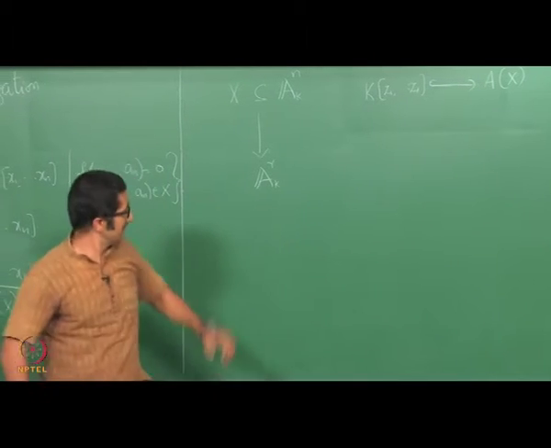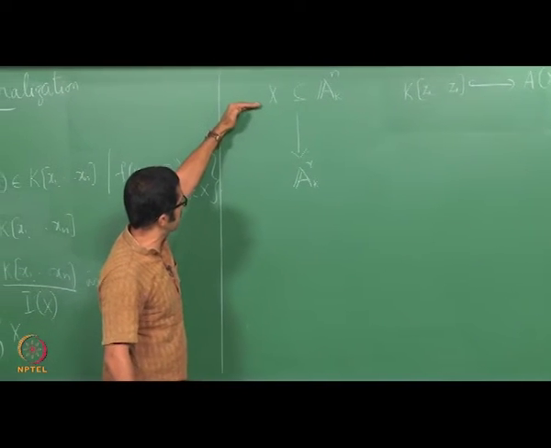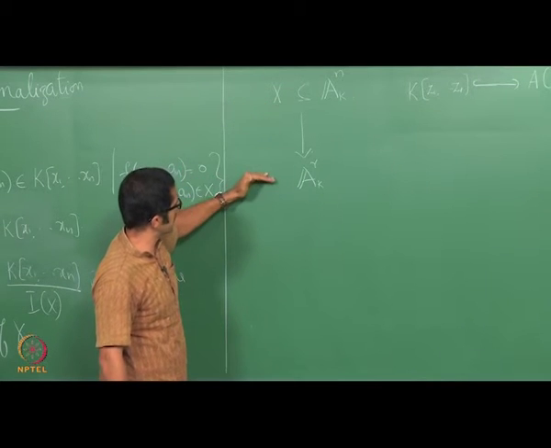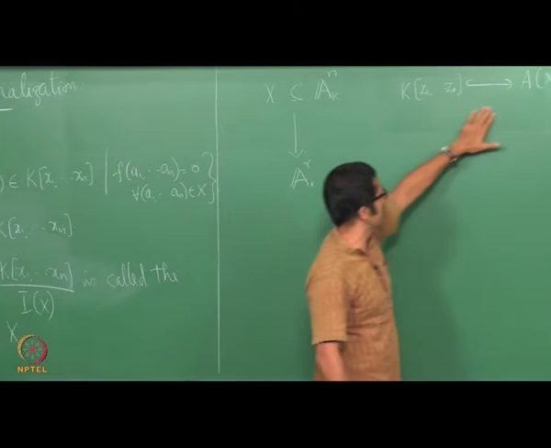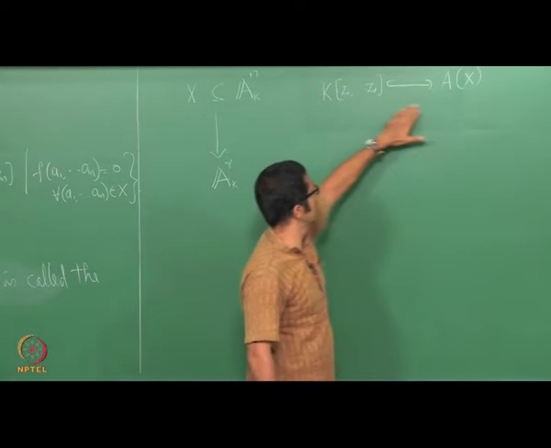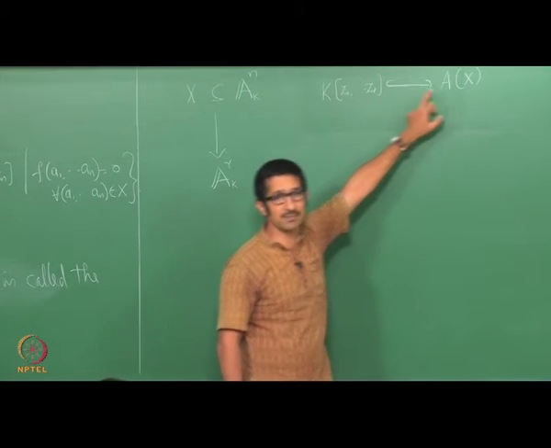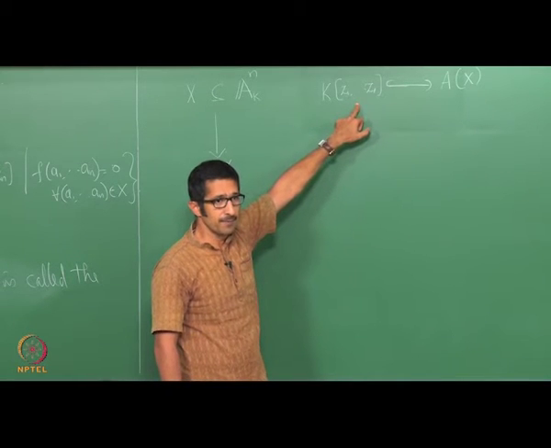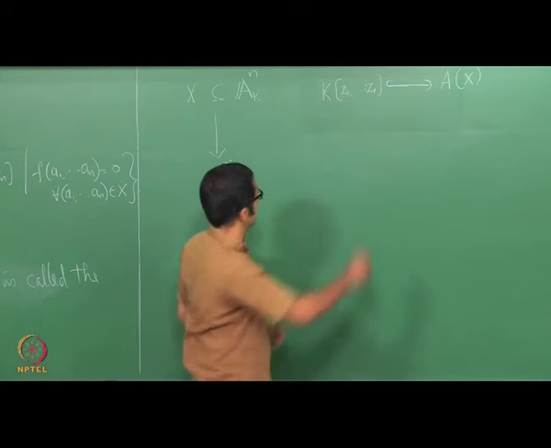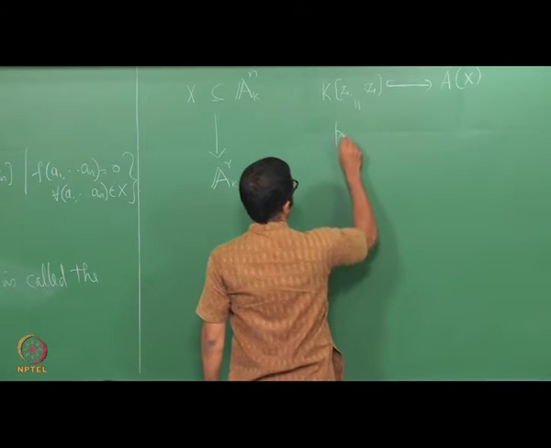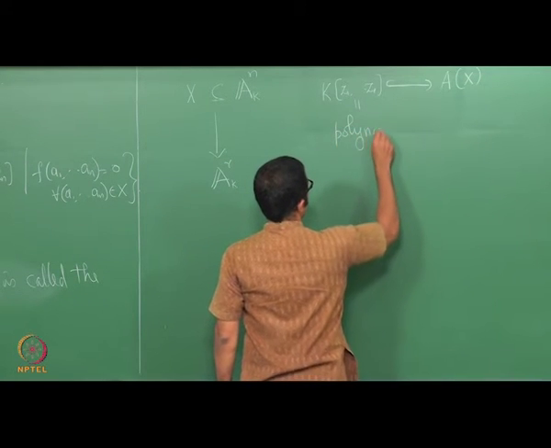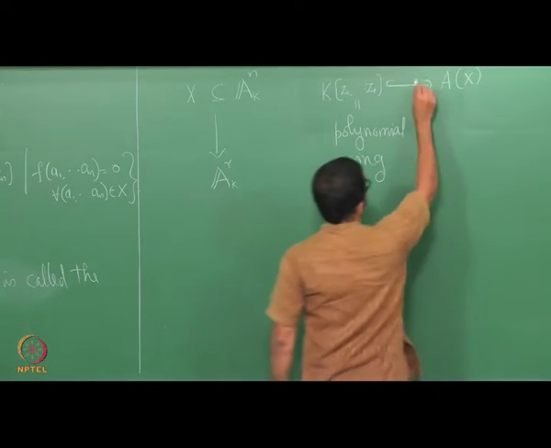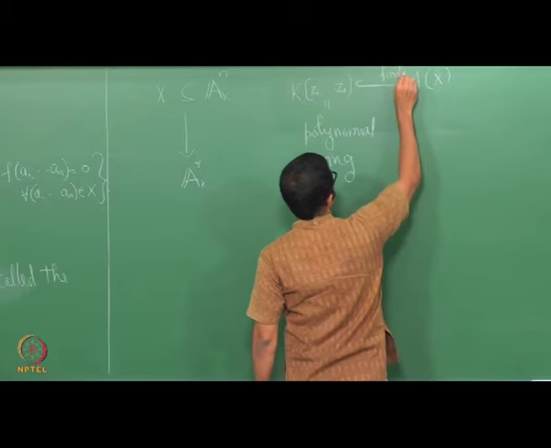What one looks for in geometry is, can we have a projection like this so that A(X) becomes a finite extension of this polynomial ring K[Z1, ..., Zr]. This is a polynomial ring and this is a finite extension.